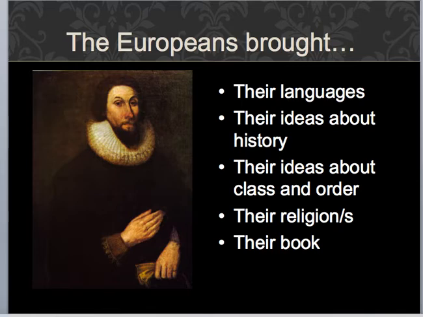And of course, they brought their book, the Bible, which, even though it's not an American book by any means, is the bedrock of a lot of American literature. So much of American literature refers back to the Bible because at that time it was the universal book that all of the European colonists were aware of. And there were multiple versions of that book, not just what we now consider the standard Protestant version, the King James Version.